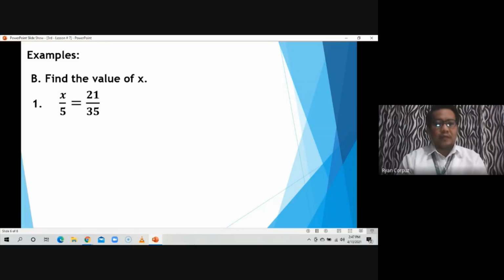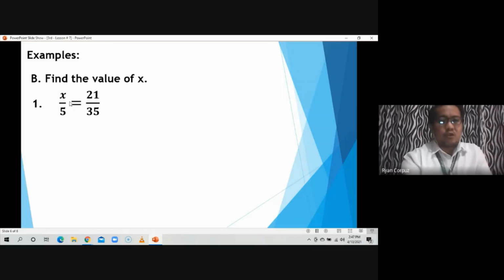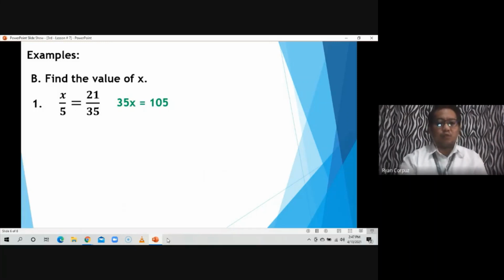We can apply the fundamental law of proportion, or cross multiplication. So let's solve for x here. Cross multiplication: x times 35, we have 35x. Then 5 times 21 is equal to 105.